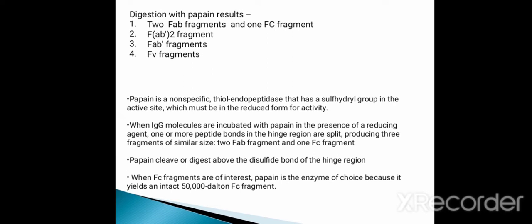When the Fc fragments are of interest, papain is the enzyme of choice because it yields an intact 50,000 Dalton Fc fragment. In contrast, digestion with pepsin does not result in an intact Fc fragment. It breaks the Fc fragment into small fragments. So the correct answer here is that digestion with papain results in 2 Fab fragments and 1 Fc fragment.